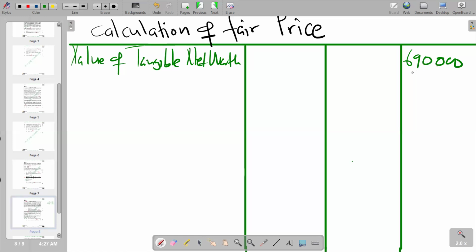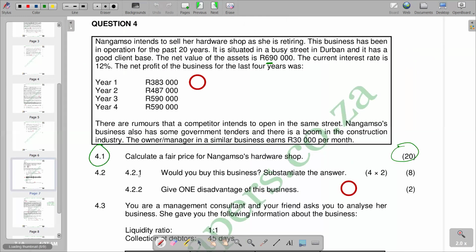And then after that, we have to calculate the average net earnings of the business. Going back, you see that we've got 383,000 plus 487,000, 580,000 plus 590,000.